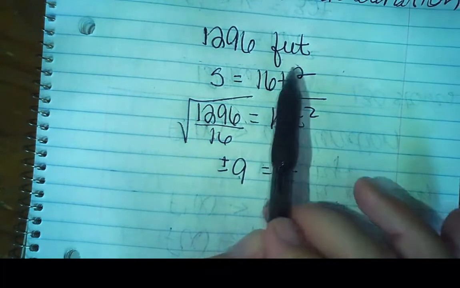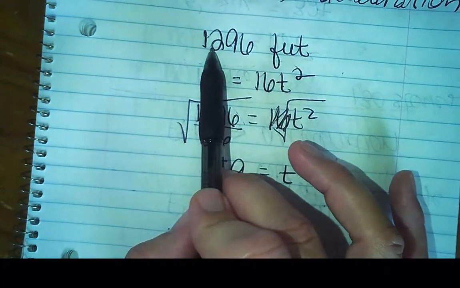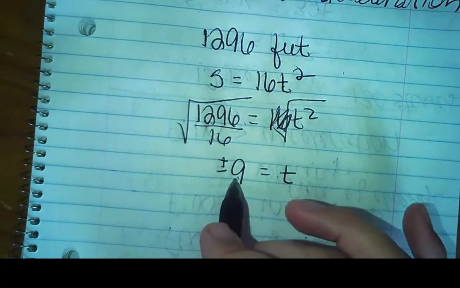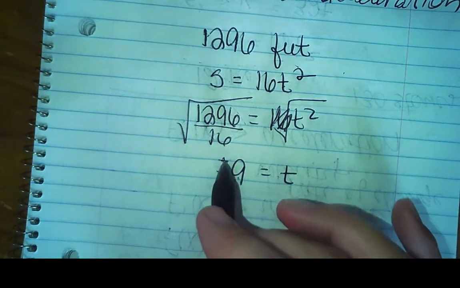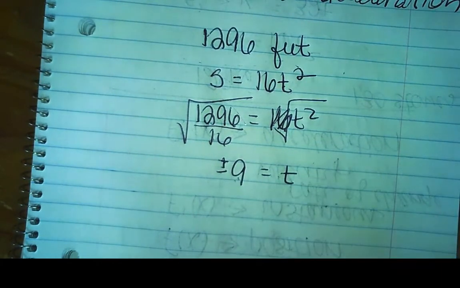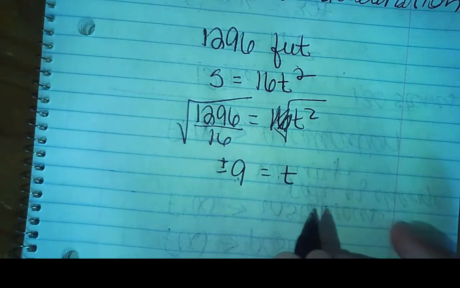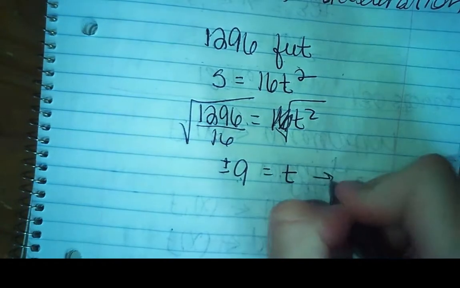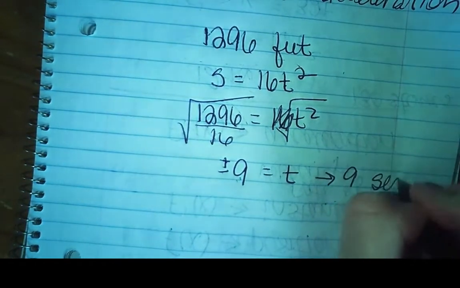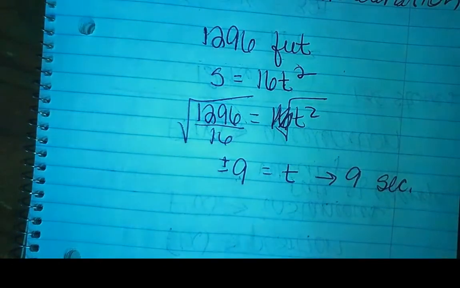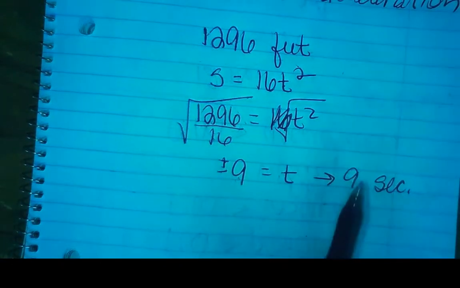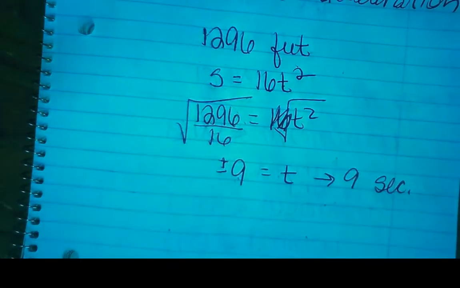For this thing to equal 1296, it's going to take 9 seconds. Either negative 9 seconds or positive 9 seconds, and we are in terms of time, so time is positive. So I know it will take 9 seconds for this thing to hit the ground. That's what's important.